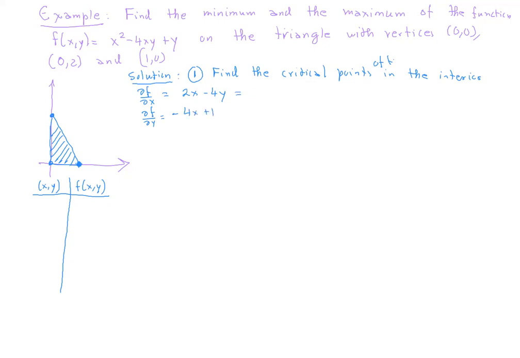If we set them equal to 0, then the second equation gives us x is equal to 1/4. That's the only possibility. And if we plug it into the first equation, then we will get 2 times 1/4 minus 4y is equal to 0, which will mean that y is equal to 1/8. And so from this, we obtain the point (1/4, 1/8).